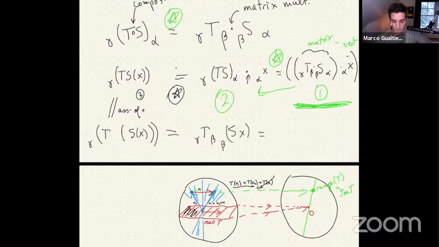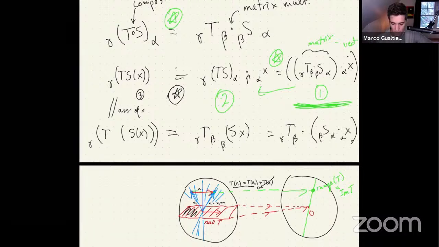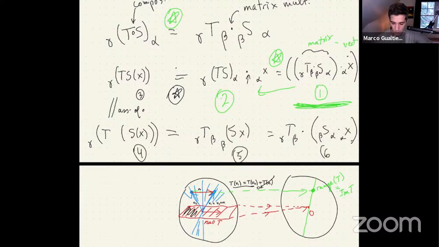So then I can apply this like this: gamma beta, S beta alpha, X alpha. 4, 5, 6. So then 1 equals 6. This is the associativity.